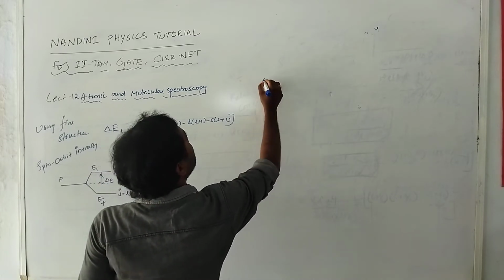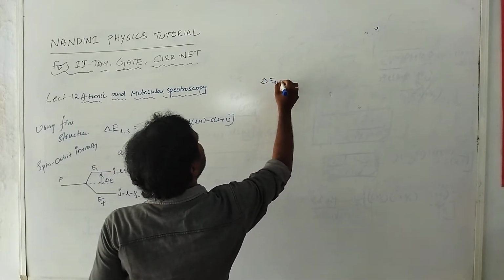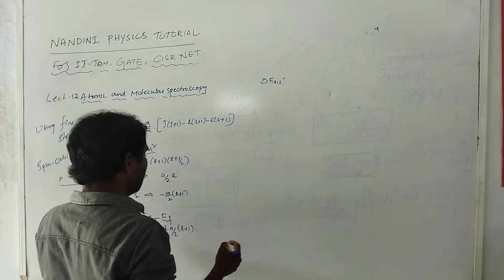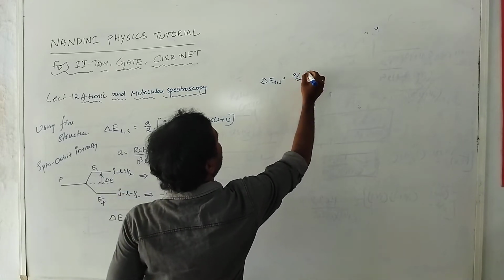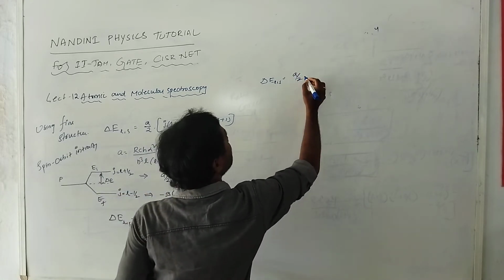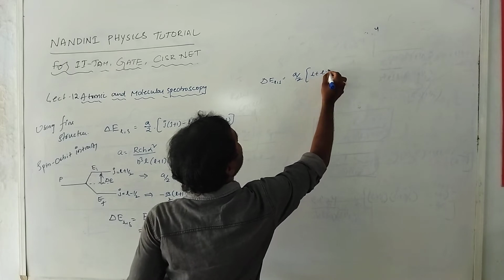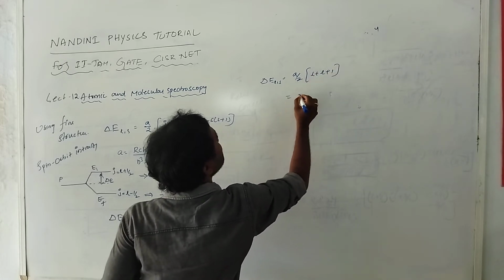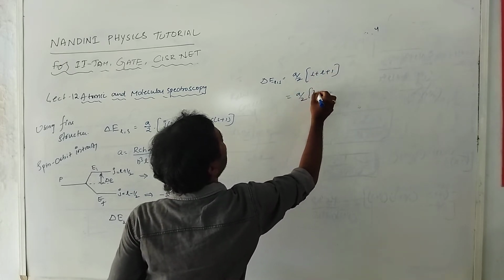Simply take A by 2 common on both sides: A by 2 into L plus L plus 1, so A by 2 into 2L plus 1.